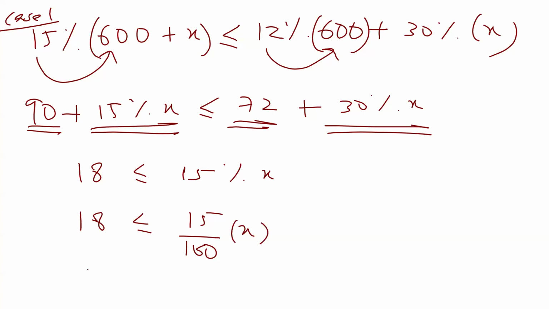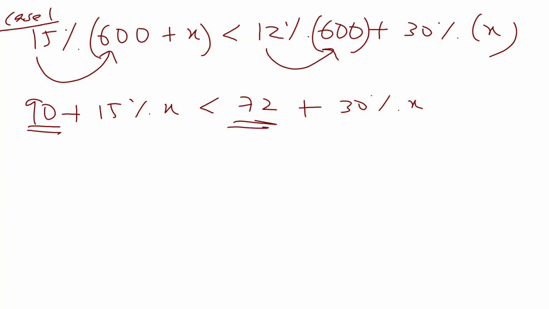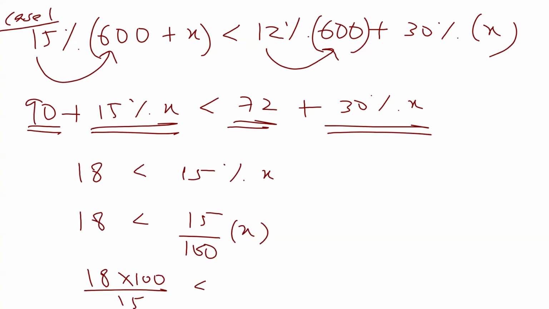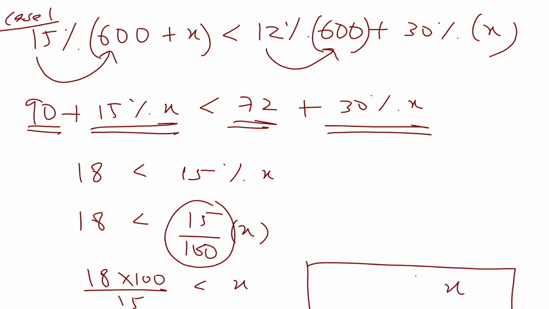So 18 into 100 upon 15. By mistake, I wrote equal to, sorry. When we cross multiply with all positive numbers, there is no sign change. So x should be greater than what? 120. So x is greater than 120.